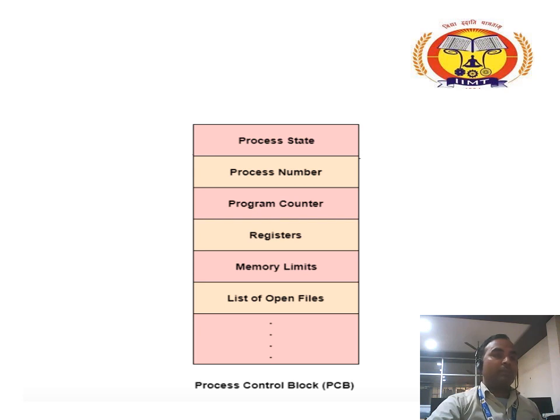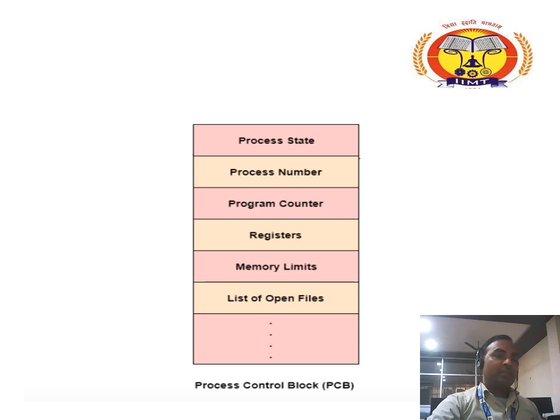What do you mean by program counter? As I have told you in my last slide, program counter means which instruction is to be executed next. It will be accomplished by the program counter. It will keep the record of it. Clear?